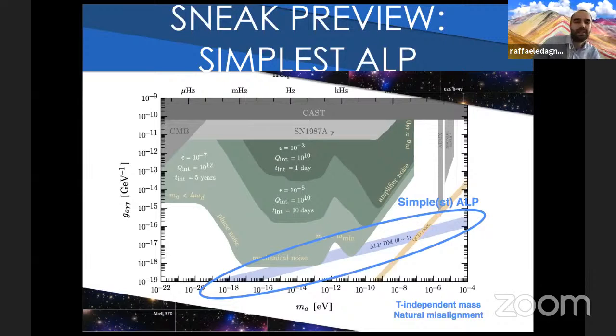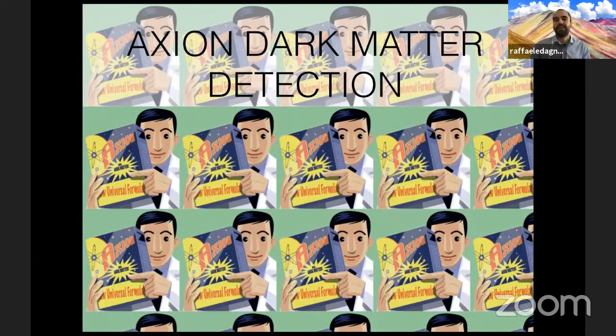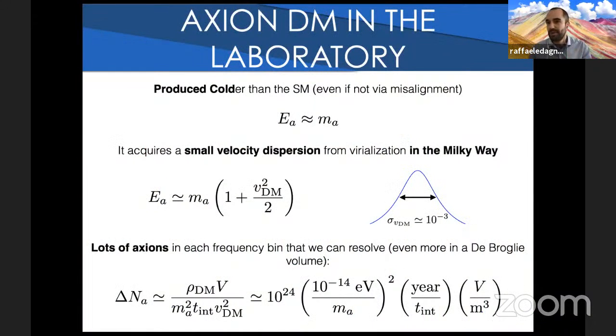All right, so after this longish introduction to the theory part of the plot, let me now turn to the experimental idea. And before jumping into it, let me tell you a few simple and well-known facts about axion dark matter. The first one is that to be viable today with these tiny masses, it has to be produced cold.